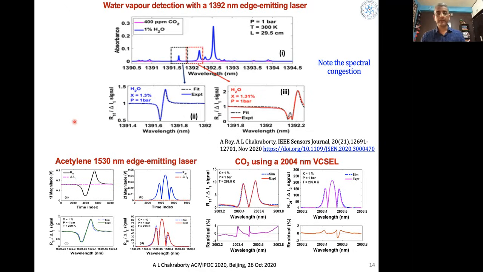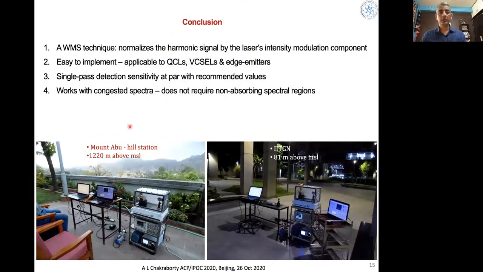So in conclusion, we would say that this technique is working very reliably. We would prefer to use 1F WMS because it's much stronger than the 2F. But in case 2F is necessary to avoid the background, this would work equally well. It's easy to implement because you are simply digitally filtering out the output of your laser.